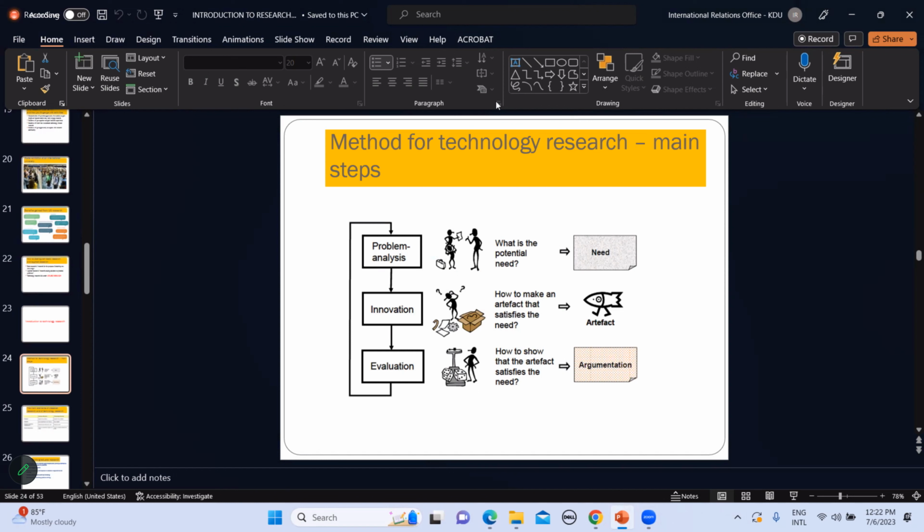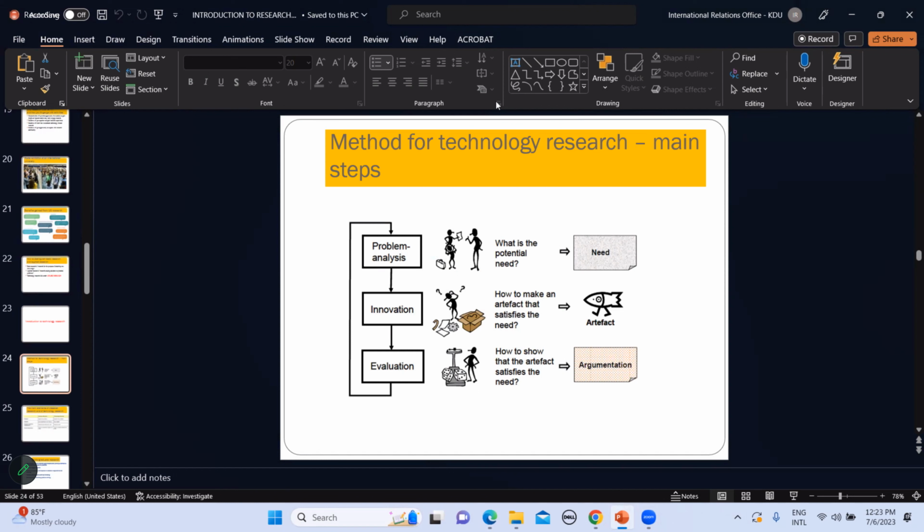So that kind of thing. You evaluate different options, then again you analyze the problem. Okay, you innovate. If you come up with a new box, let us say with temperature control, the fruits will be under cold conditions. Like that. If you have come up with a new idea, that is the technology research.